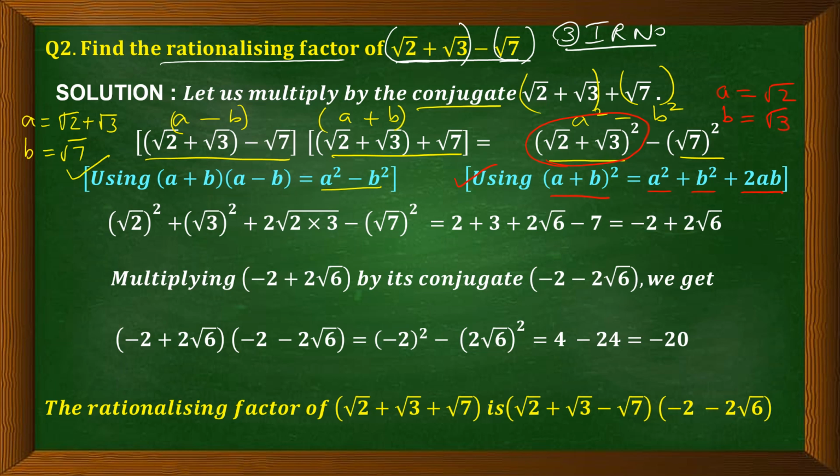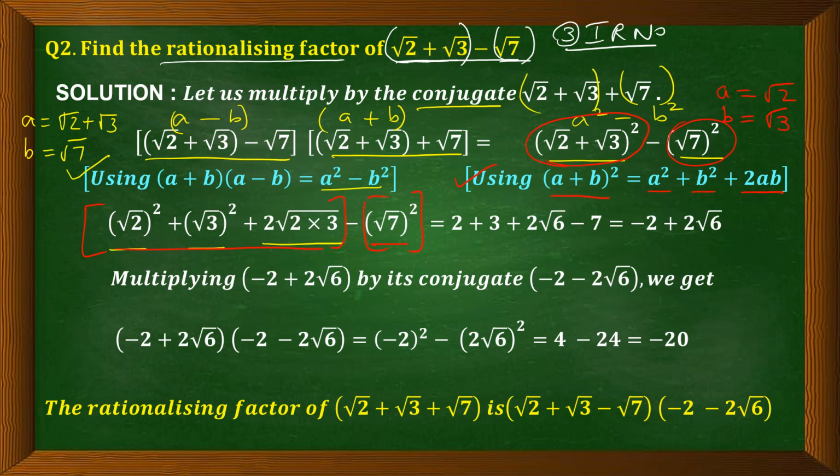Now putting the values of a and b in the given identity, first is a square, that is the square of root 2, then b square, the square of root 3, and plus 2ab, that is 2 root 2 into 3. And already we have over here the square of root 7. So that has come over here. So this is one expression which we have expanded, using the identity to find the product of these factors.